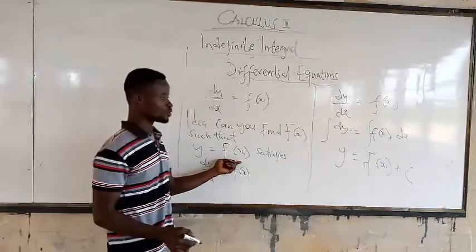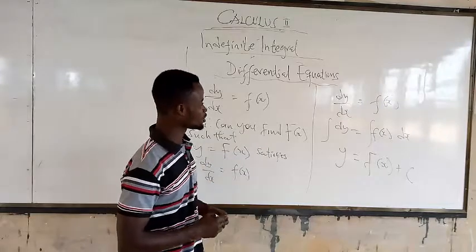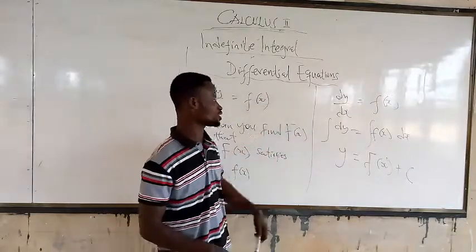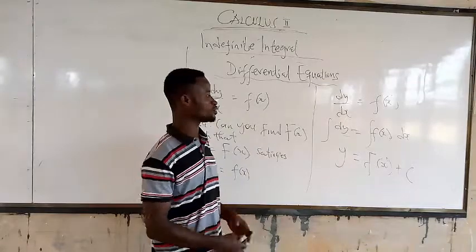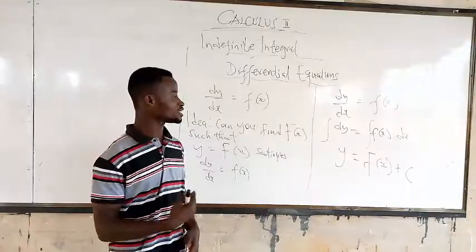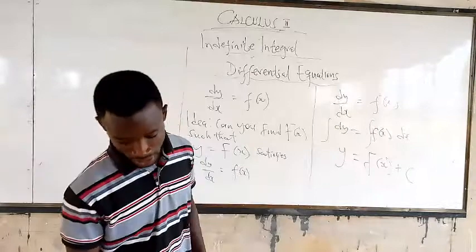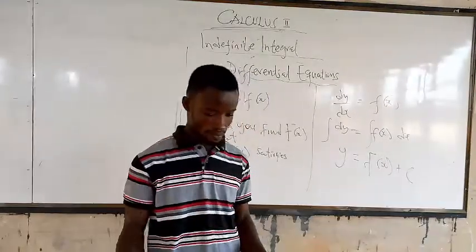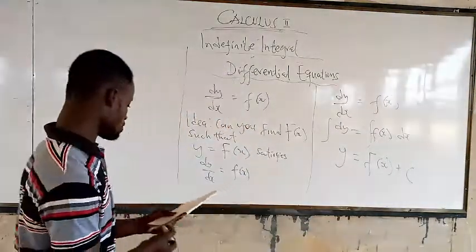So that is all that we want to establish here. This is the idea of a differential equation. It's all about taking an antiderivative of the differential equation. Alright, so for instance, let's look at this one.